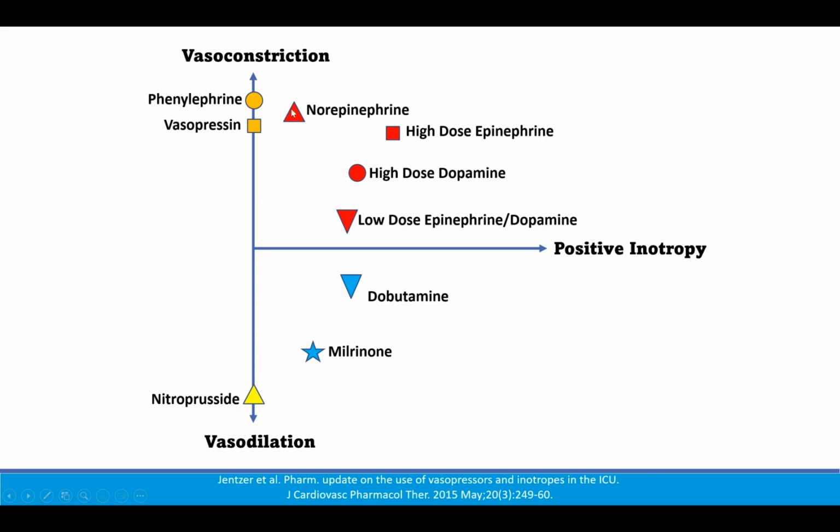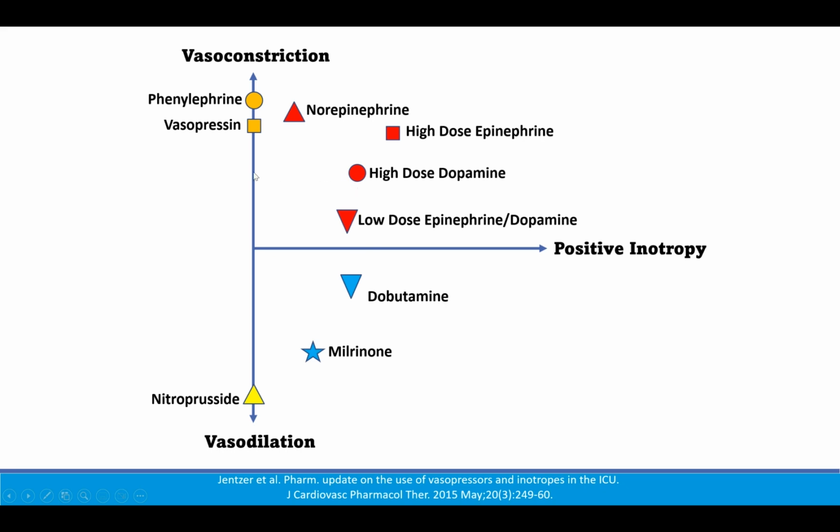If you move this way here, we start seeing, in addition to vasoconstriction, an inotropic effect with norepinephrine. So it's a good vasoconstrictor, but also has an inotropic effect. Moving to epinephrine at low dose, the medication has minimal vasoconstrictive effect, but has remarkable inotropic effect.